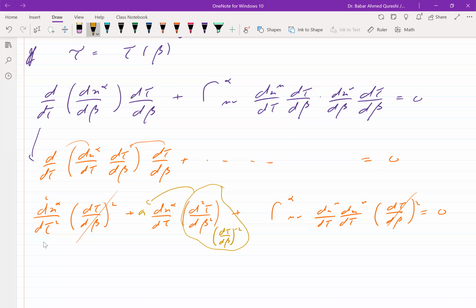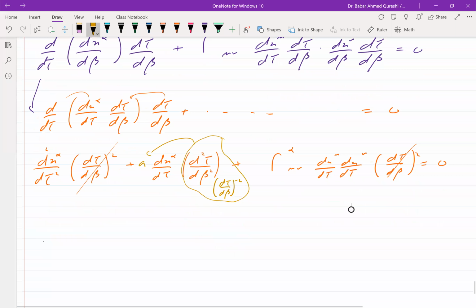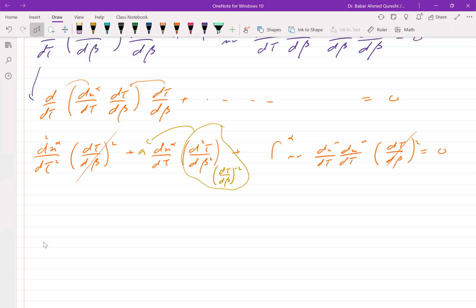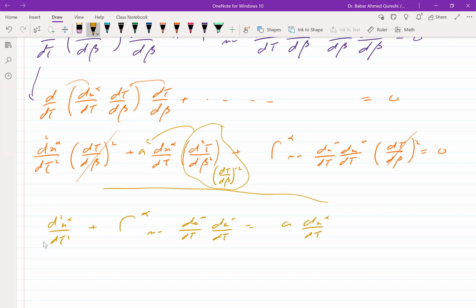Well, constant in the sense it can change from point to point. So I can take it to the other side and I generate the more generalized geodesic equation. So if you're given the parameterization for a curve, you better check this, because it may not be an affine parameterization.